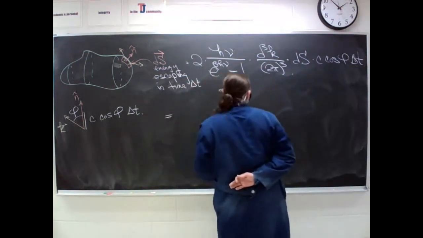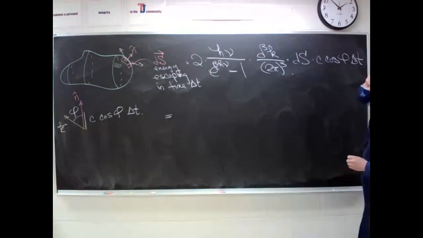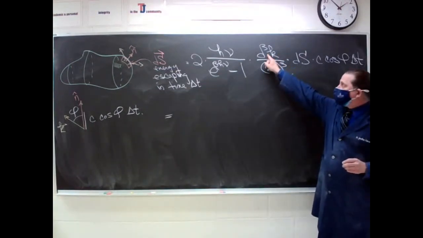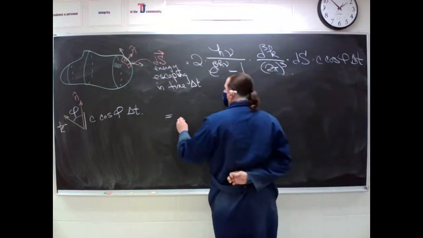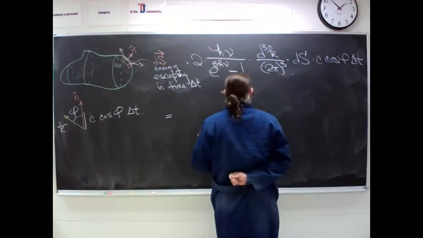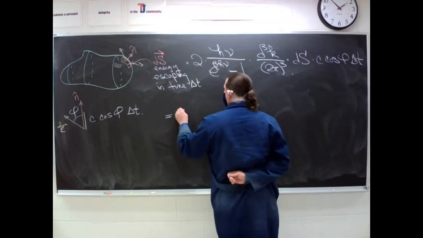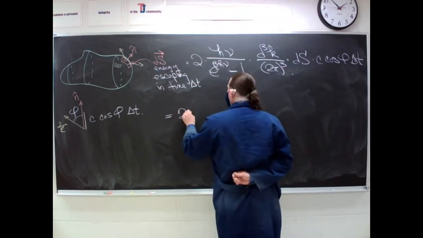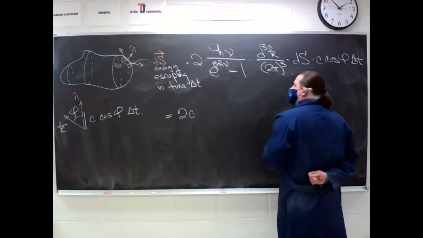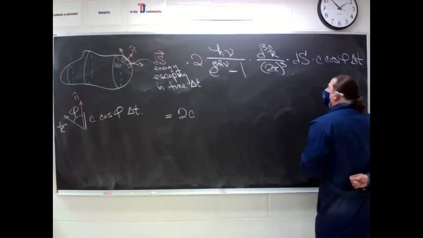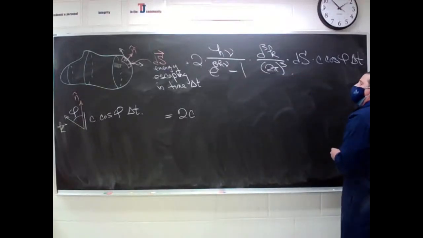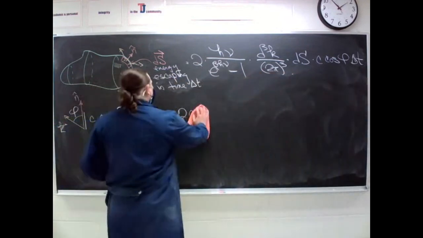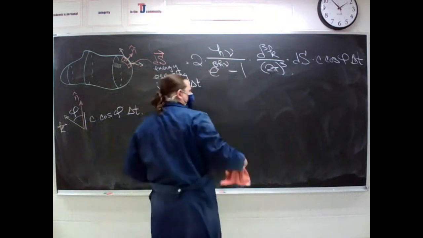All right, so let's see what we get when we integrate this. Remember, I'm not being azimuthally symmetric. So I've got 2c, and now I want to integrate over my angles. Let's just do the angular integration and leave this stuff out.